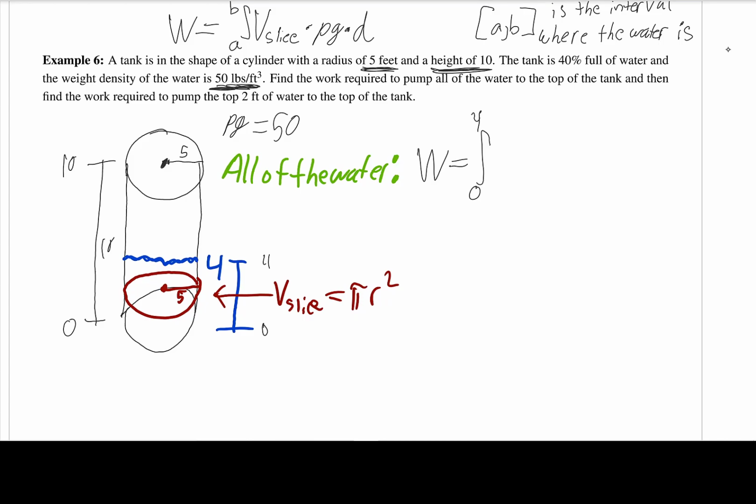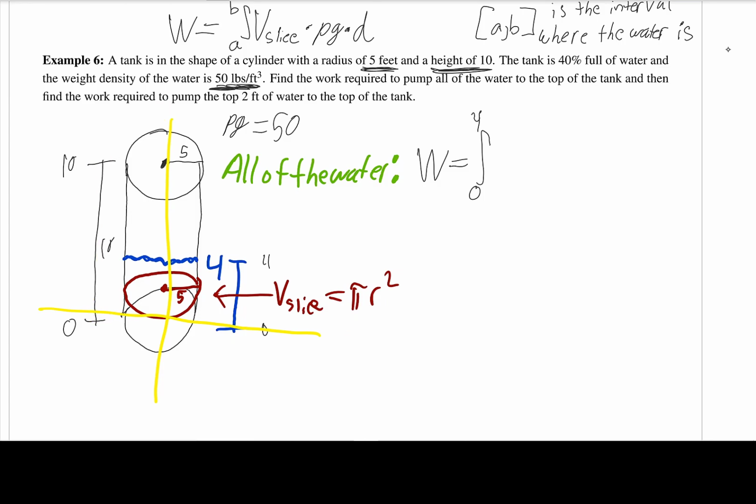If this is our XY plane, then what I'm measuring everything with respect to is y. We're looking at everything up and down the y-axis.